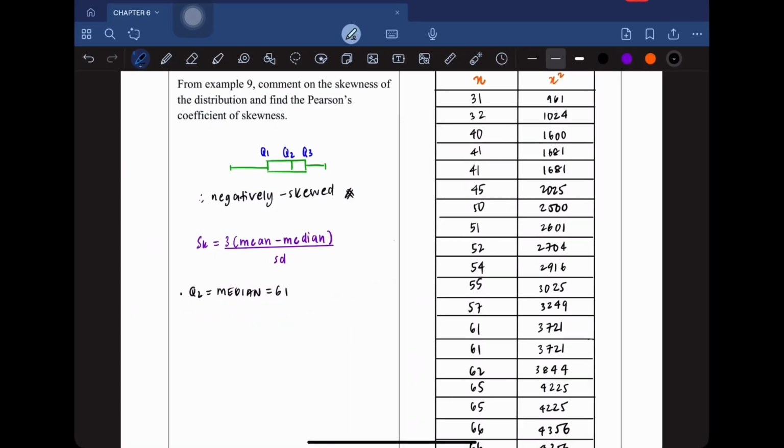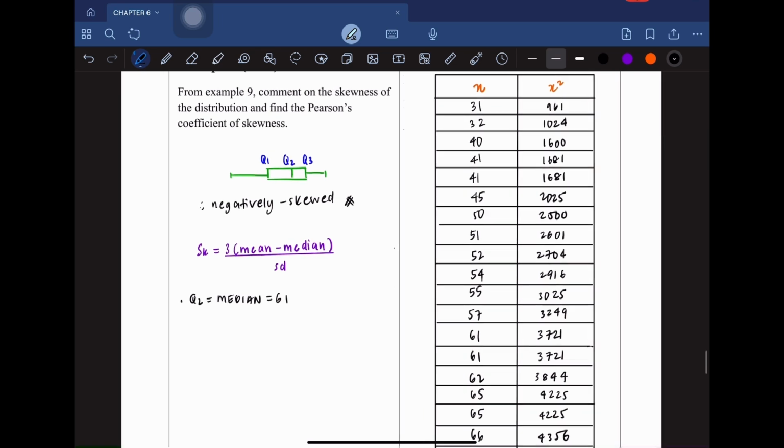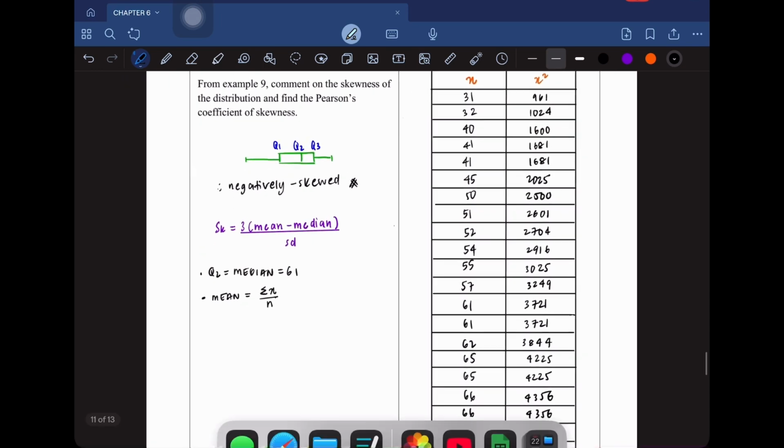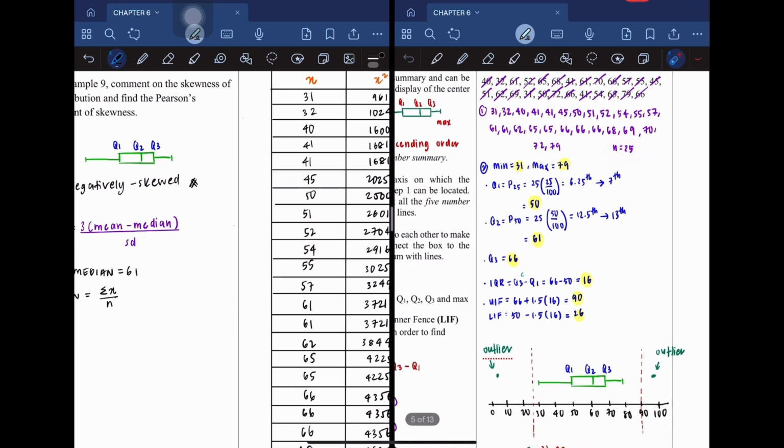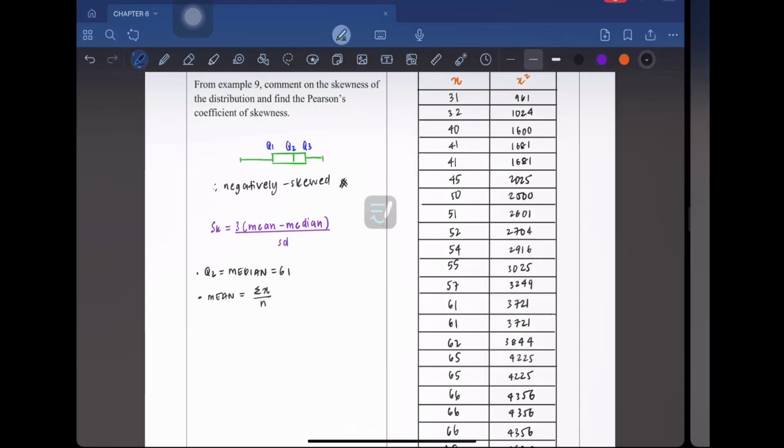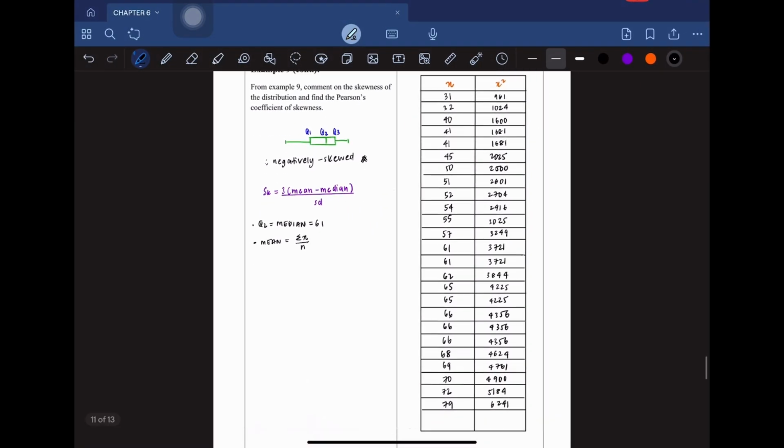Alright, so now let's find the mean. The formula for the mean is the summation of x divided by n. We know that our n, for example 9, is equal to 25. So we need to find the sum of all of this. I use the box on the right hand side, so this is our x, the value of x.